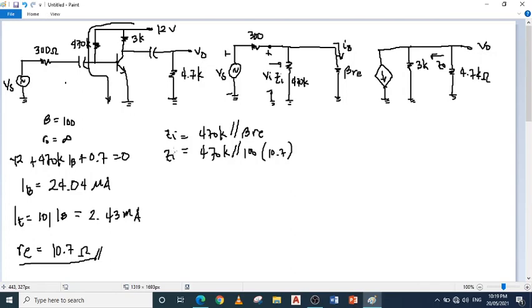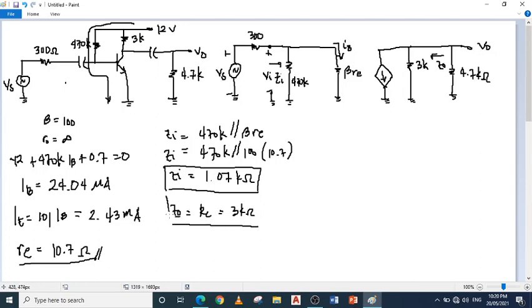Solving for ZI on the calculator, we get 1.07 kilo ohms. That is our ZI. And for ZO, of course, our ZO is 3K, which is equal to RC, or 3 kilo ohms. So that is our Z sub O.